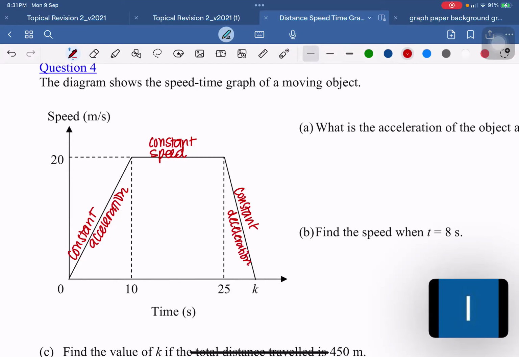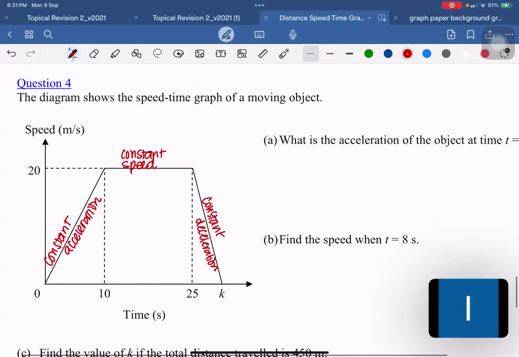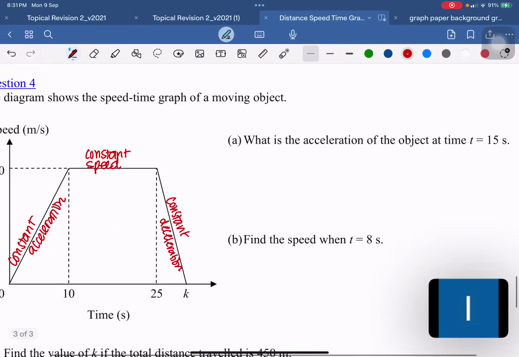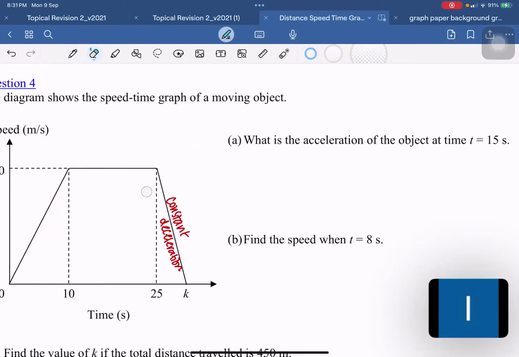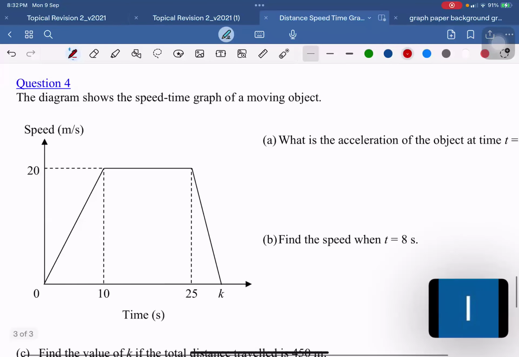Okay, constant deceleration. So in this case, the question asks me for the acceleration of the object at 15 seconds. Where is 15 seconds? It is at this period of time, right?